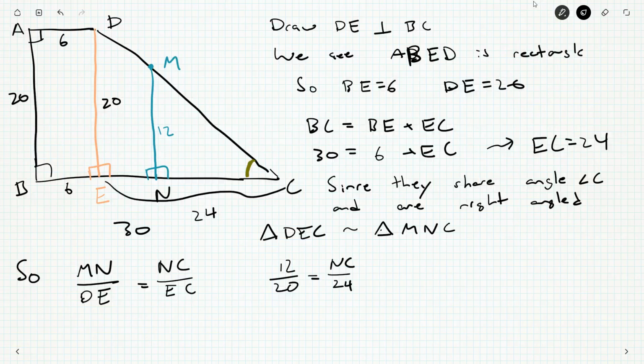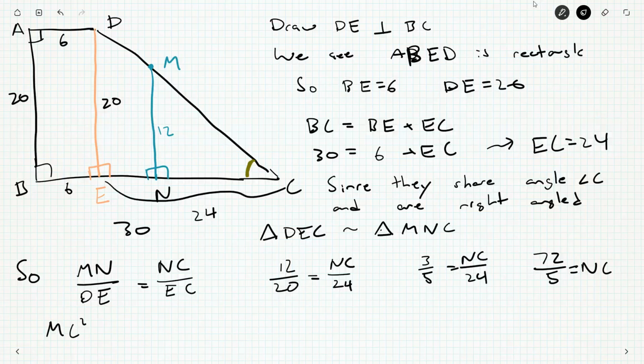So I'll do some multiplying here. Divide by 4, and we'll get 3 out of 5 is NC over 24. So 72 over 5 is NC. All right, not the nicest of fractions, but we can work with that.